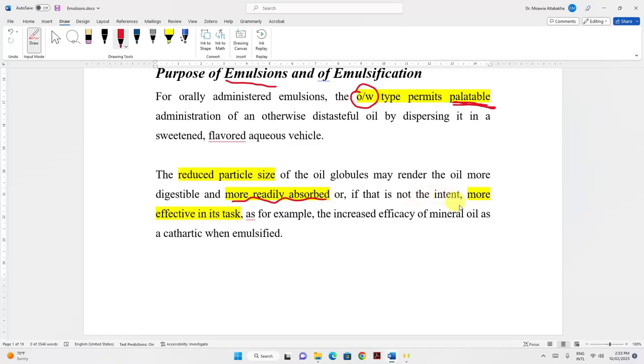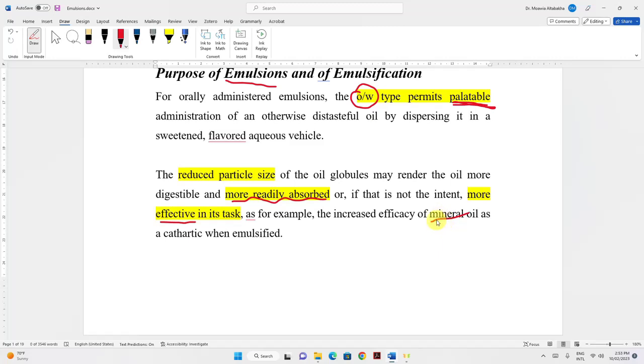Not only that, but even for preparations such as mineral oil, which is taken as a laxative or cathartic preparation, it is more effective as a laxative compared to administering mineral oil not as an emulsion, just as an oil.